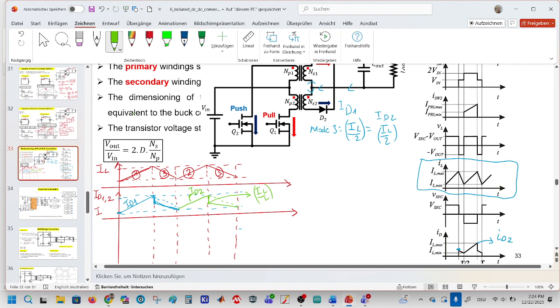At max and mean values, the diode current is exactly the same as with the inductor current. Any questions?